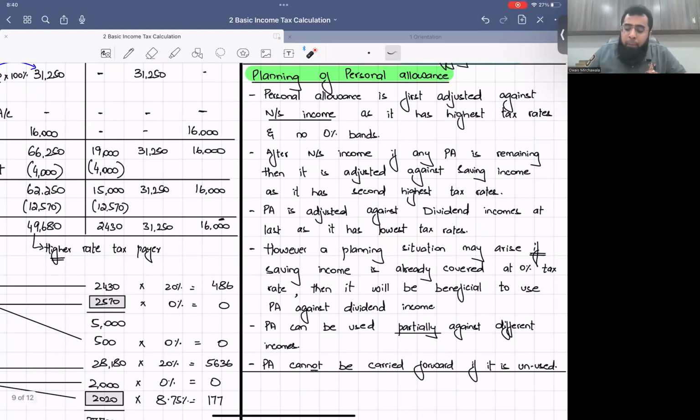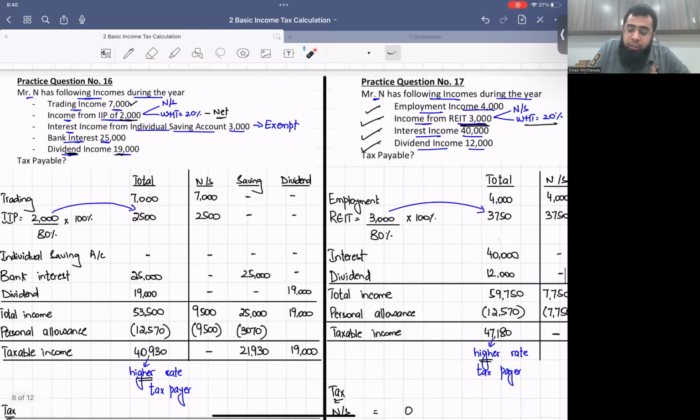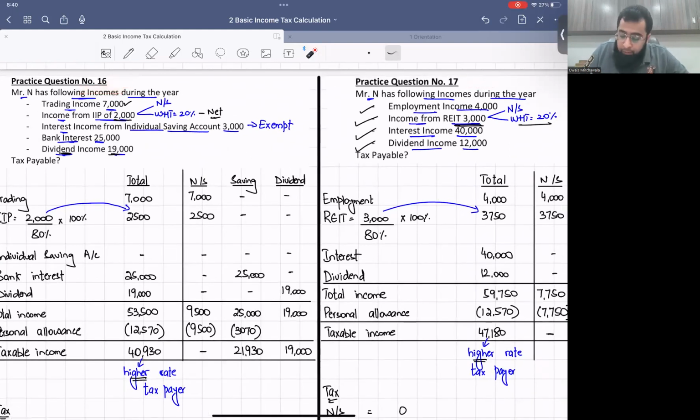If you remember your previous class, in practice questions 16 and 17, we used to offset non-saving first, and if any allowance was remaining, we went for saving, and if still any allowance is remaining, then we go for dividend.